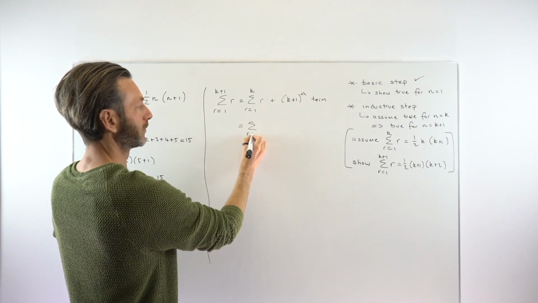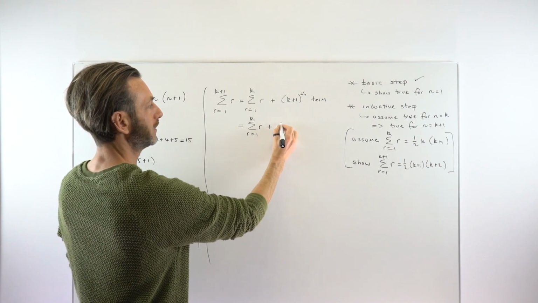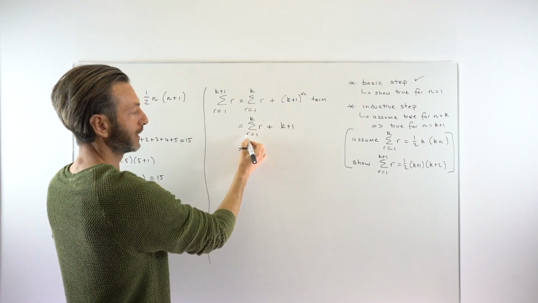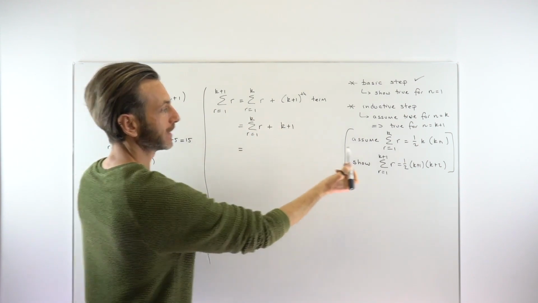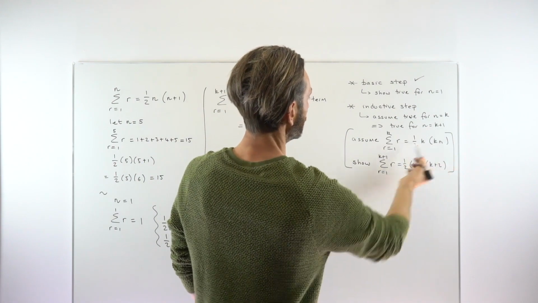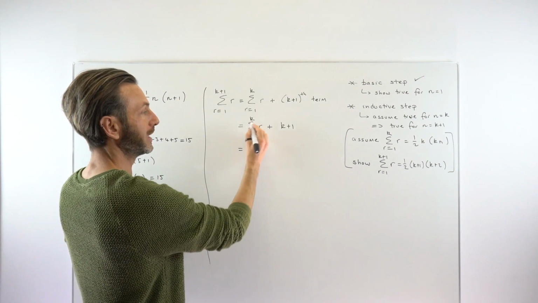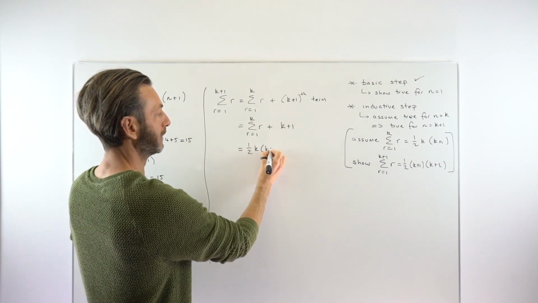So that's going to be the sum from r equals 1 to k of r plus k plus 1. But this part here, the sum from r equals 1 to k of r, is the thing that we are allowed to use as our assumption. This is where we're going to pull in that result. So this part here we know to be just 1/2 k plus 1.